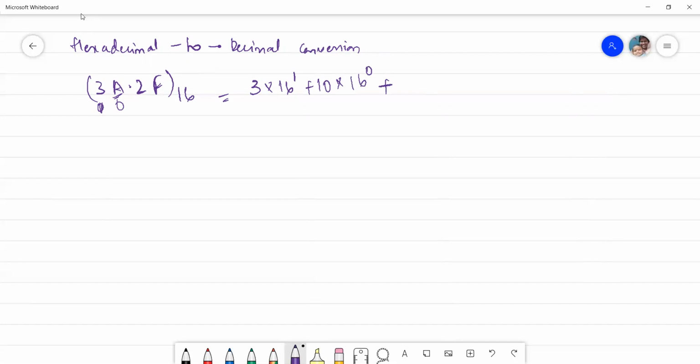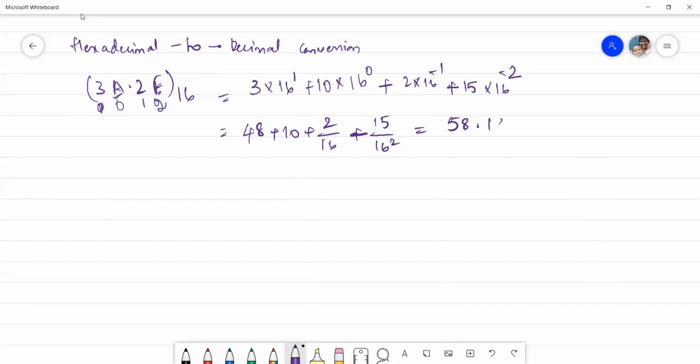Then for the fractional part, 2 into 16 to the power of minus 1, plus F, which means 15, into 16 to the power of minus 2. So the value becomes 48 plus 10 plus 2 by 16 plus 15 by 16 squared, which is equal to 58.1836.